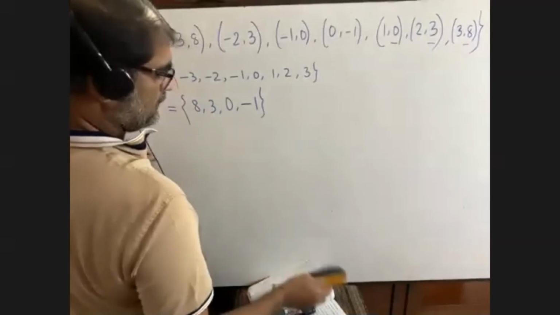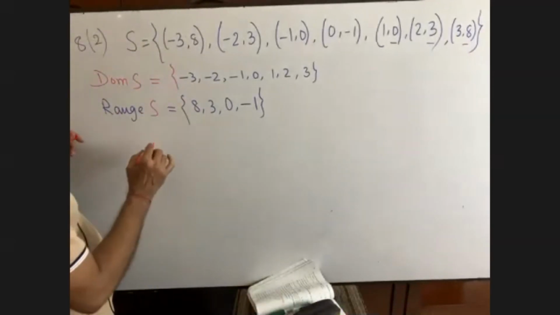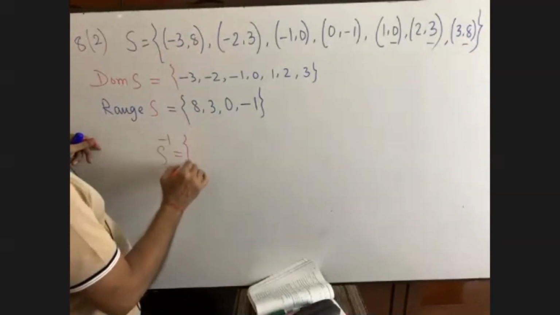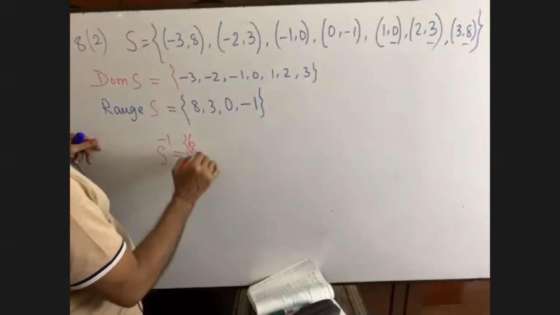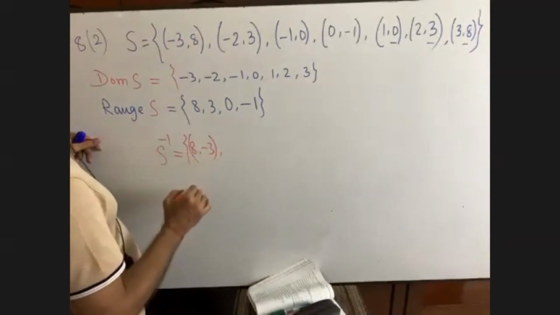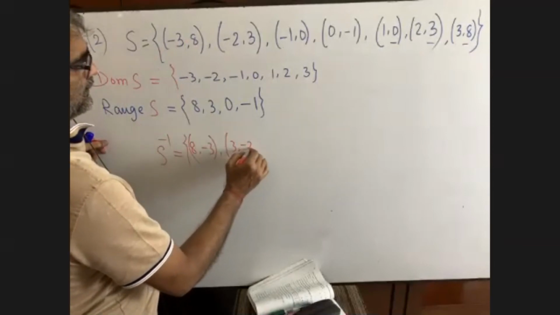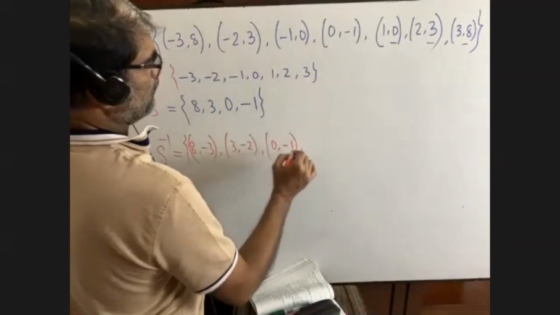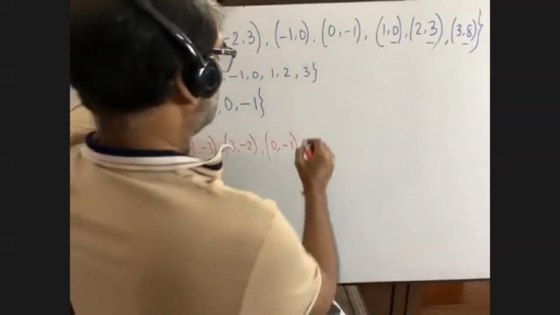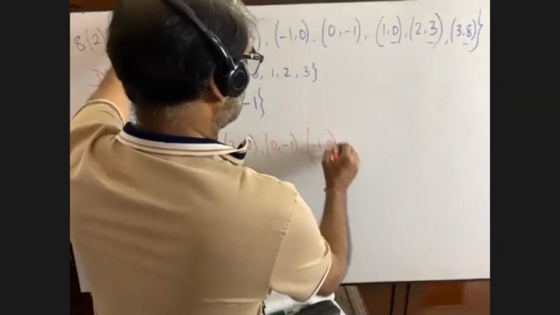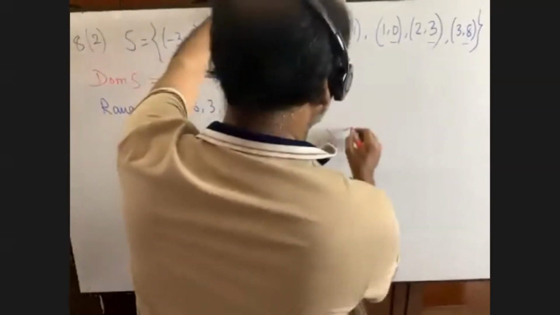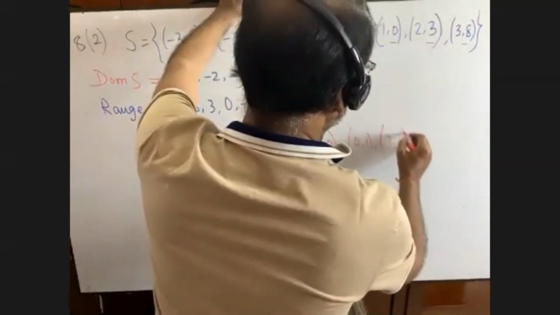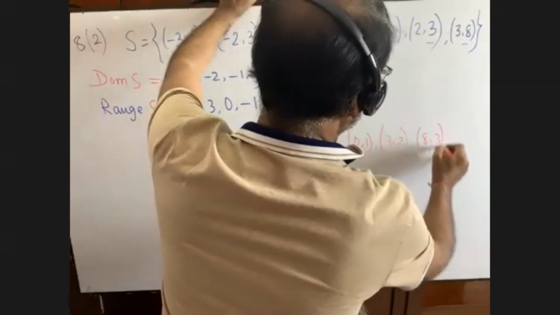Now let me know. Find S inverse. S inverse equals to what? From here you write down (8, -3), (3, -2), (0, -1), (-1, 0), (0, 1), (3, 2), (8, 3).